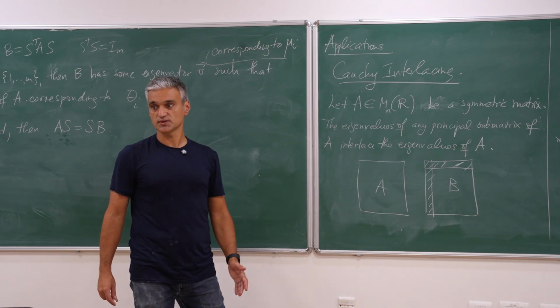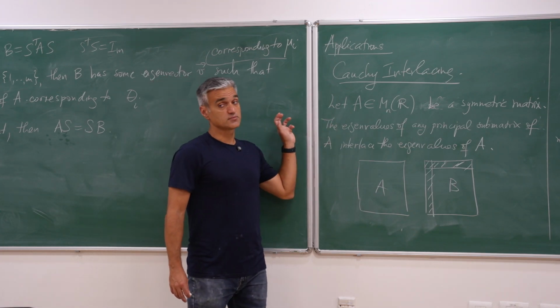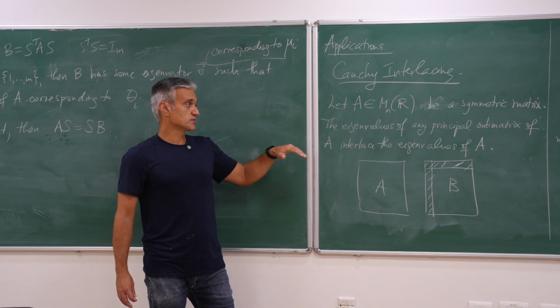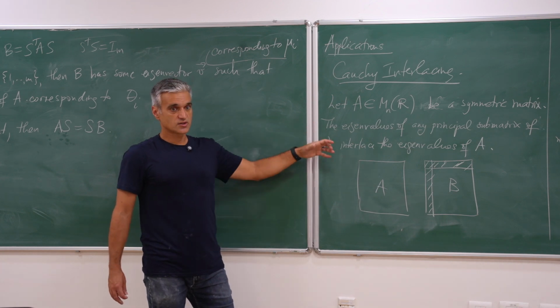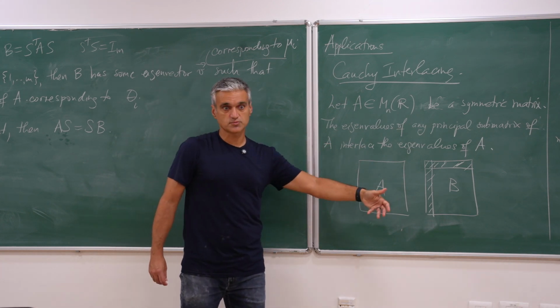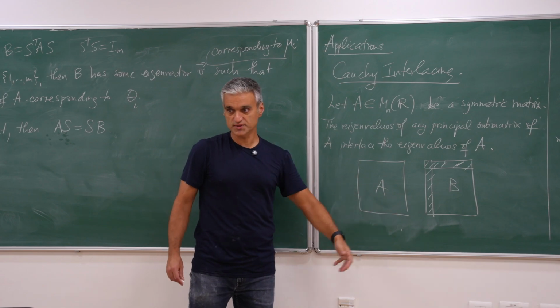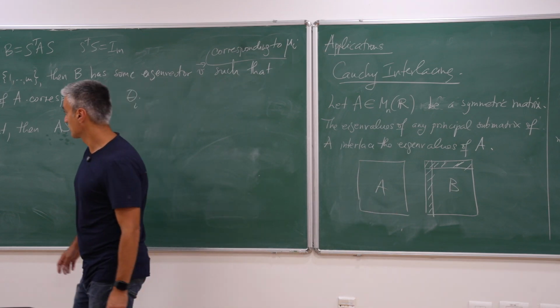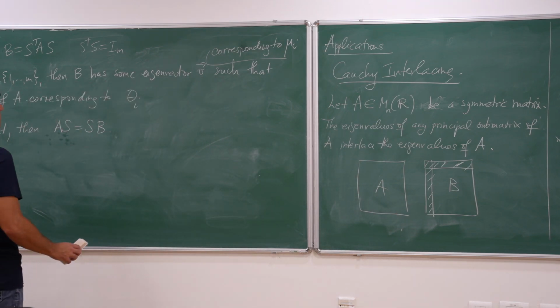Again, this is a general theorem. Like I said, it's true for Hermitian matrices. Here we go to real and symmetric, and then we'll do one more step. We'll go to graphs to tell you what it means for graphs.